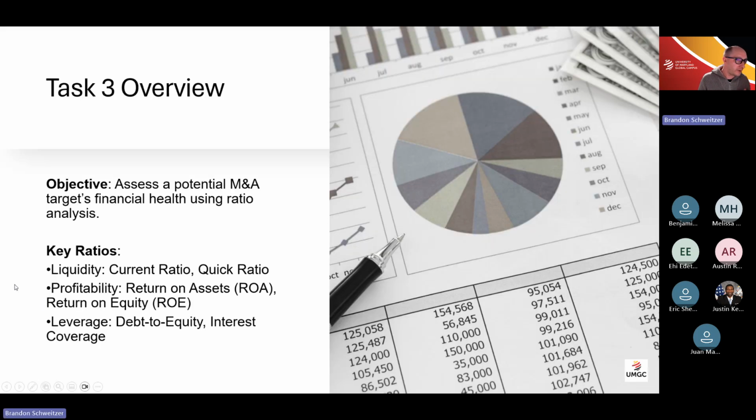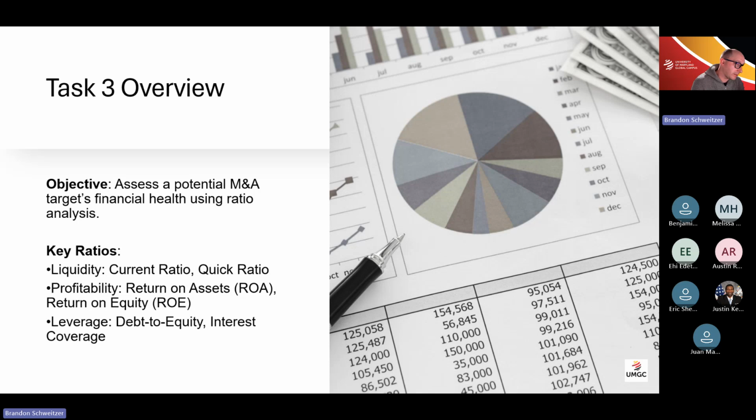The third task for the project, in this, we're looking at any potential mergers and acquisition targets that the company might be considering. And we're going to do that by analyzing the company's financial health through additional ratio analysis. Now, to do this, we're going to be looking at your selected company and calculating a couple of key ratios.